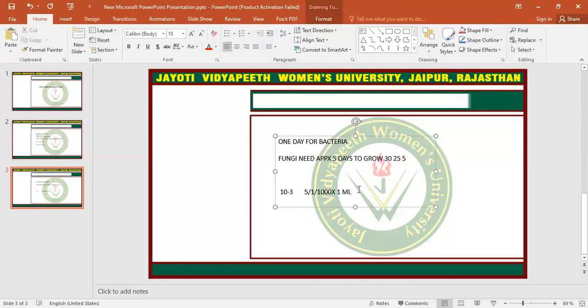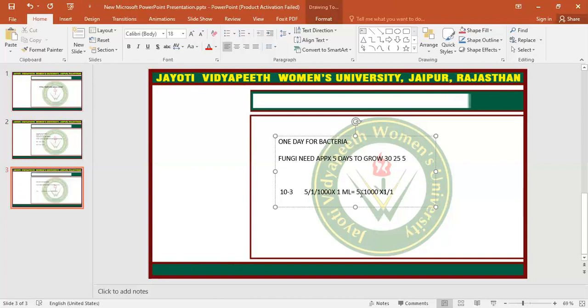So next, how can we calculate it? 5, this one is remaining backside, but this 1000 will go upside and it will be multiplied by 1 divided by 1.